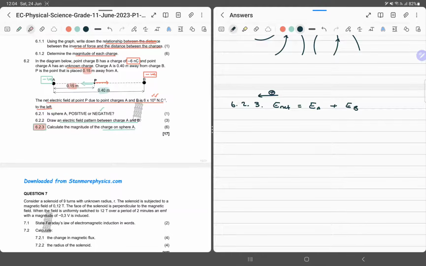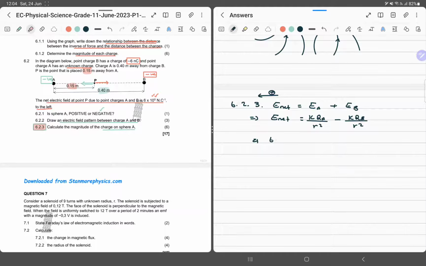So this implies that the net electric field must be equal to, using Coulomb's law here, kQA over r squared plus, remember, for A it's going to the left, so for B it must be going to the right because of the negative charge, so it's going to be minus kQB over r squared.